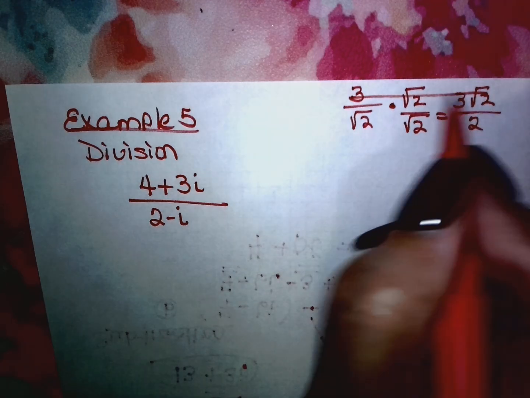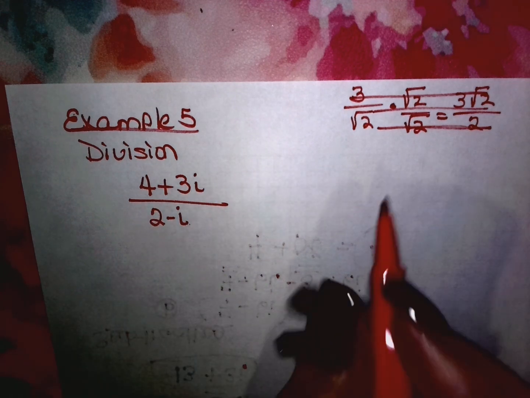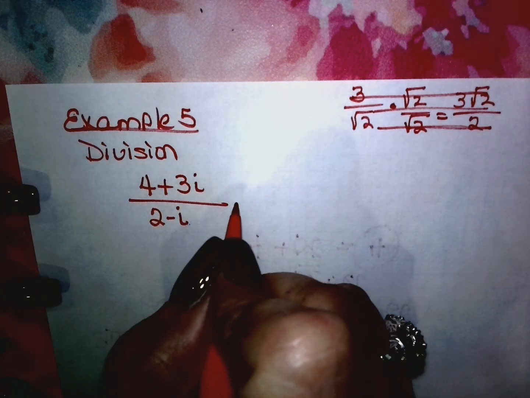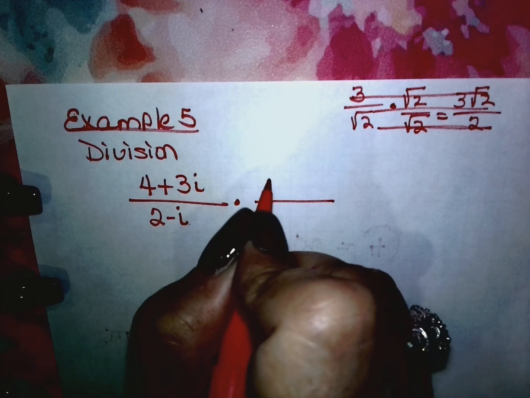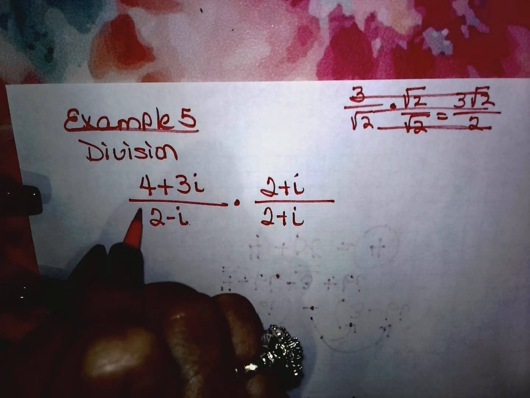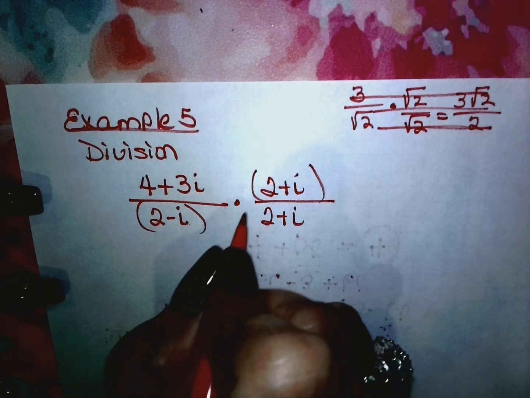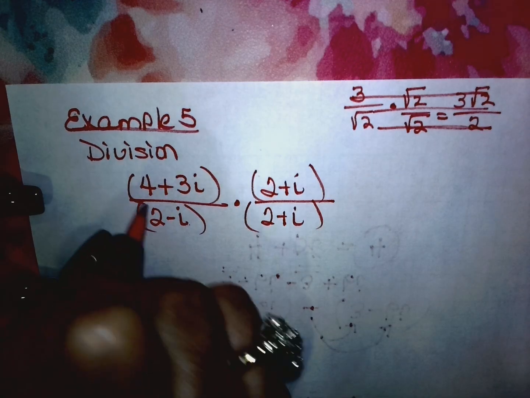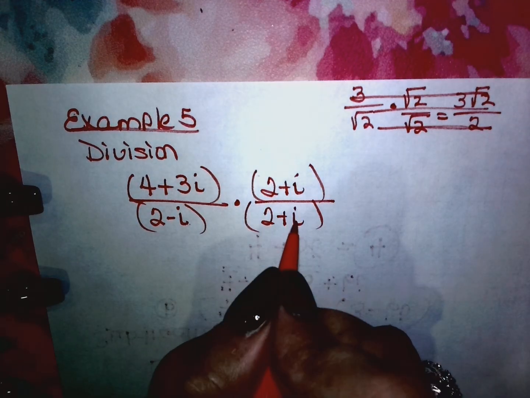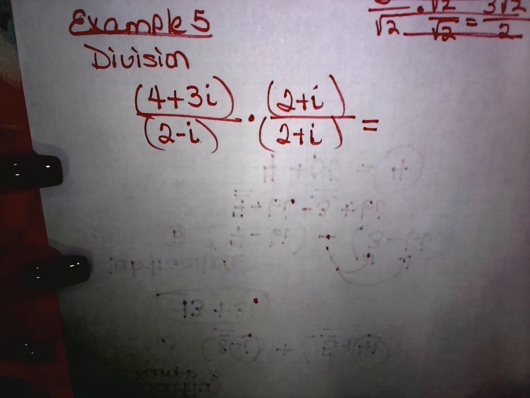Well, here we cannot have an i in the denominator. We have to clear it out. And the way we're going to do it is, you guessed, we're going to use its complex conjugate. So you're going to get the complex conjugate of the denominator, and you're going to multiply by that complex conjugate over itself. And now we're going to watch the magic.